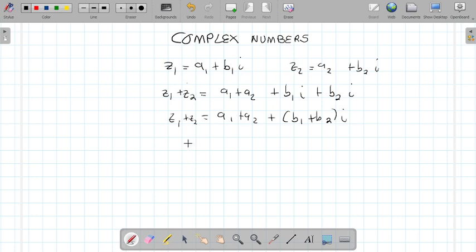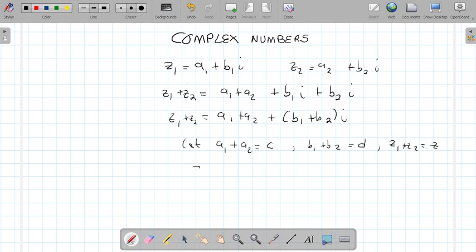Now this looks a little bit messy and it is not clear that this is a complex number. So let a1 plus a2 be equal to c, and let b1 plus b2 be equal to d. We also let z1 plus z2 be equal to z.